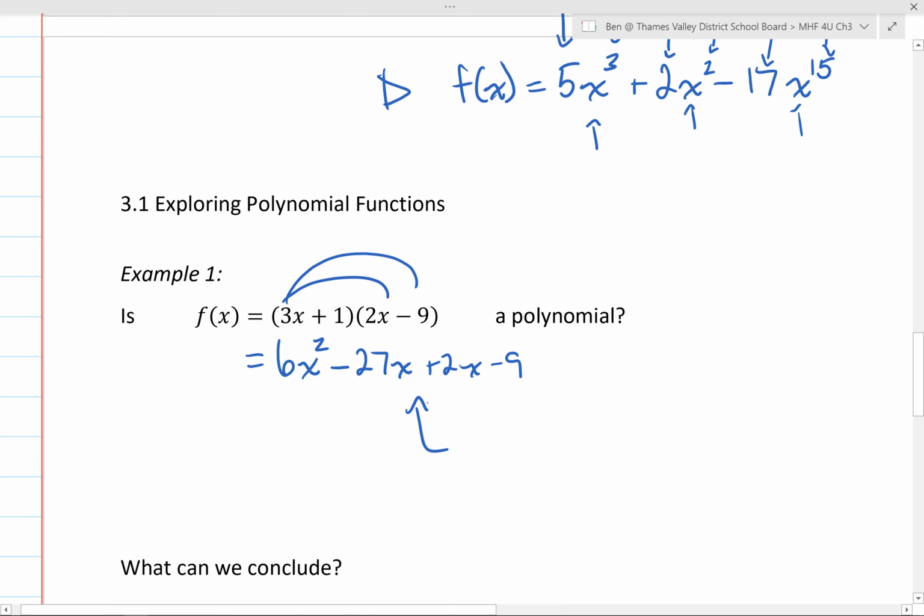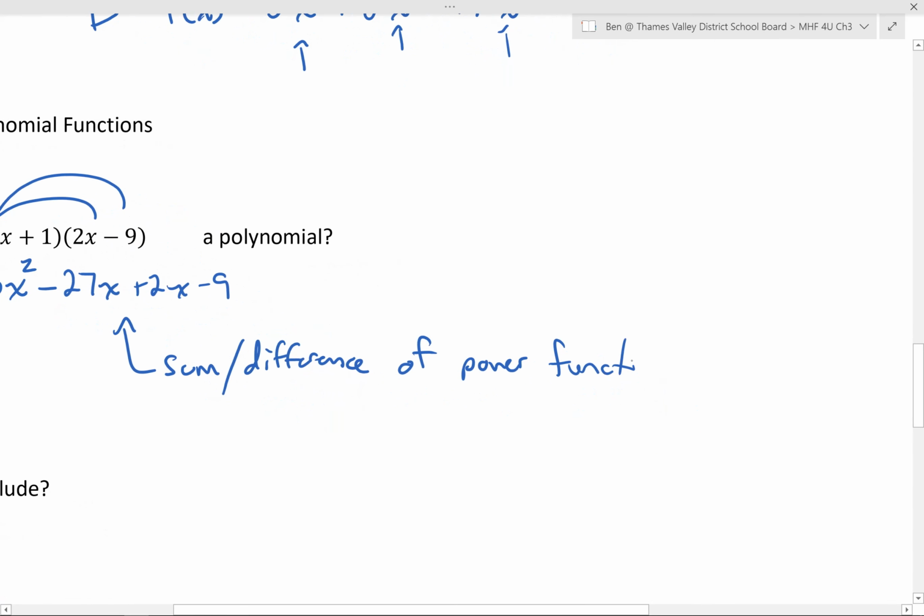This is a sum or difference of power functions. Therefore, it is a polynomial.